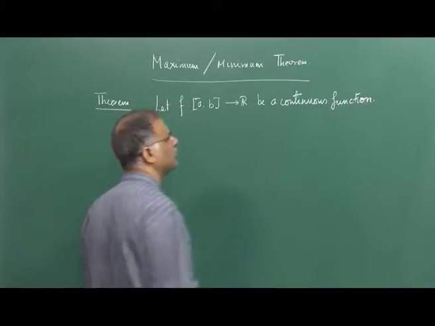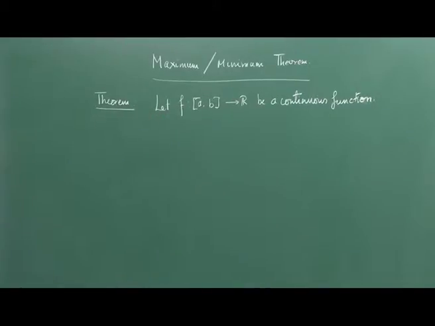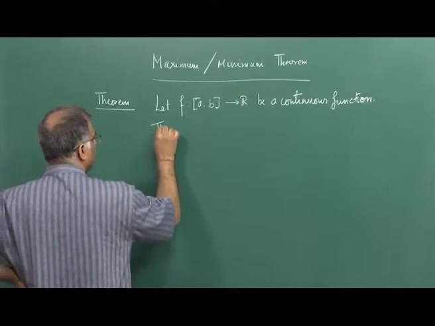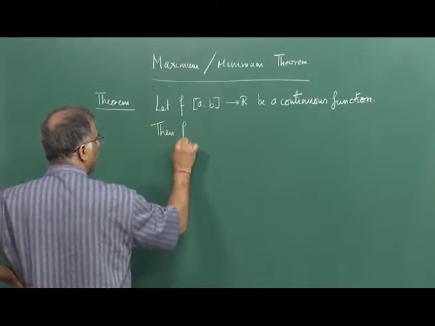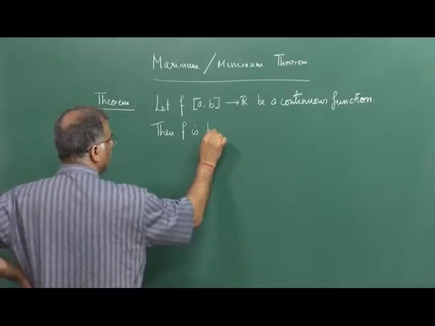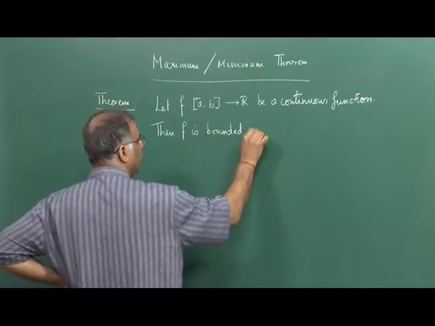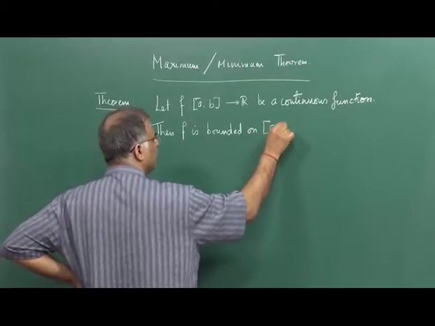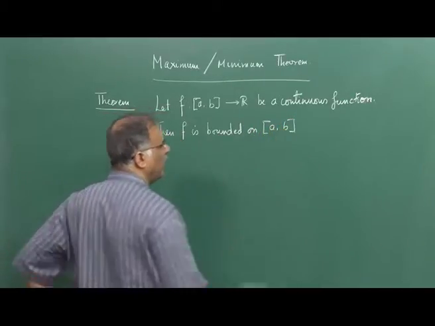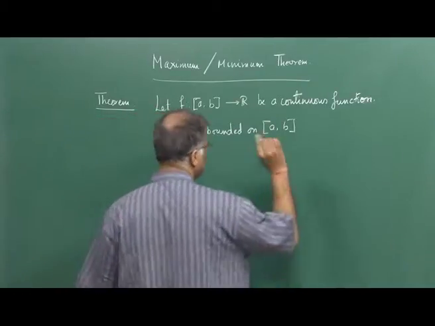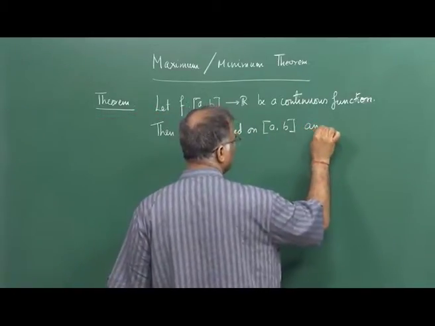Then f is bounded on [a, b] and its bounds are attained. We will explain each of these terms separately.